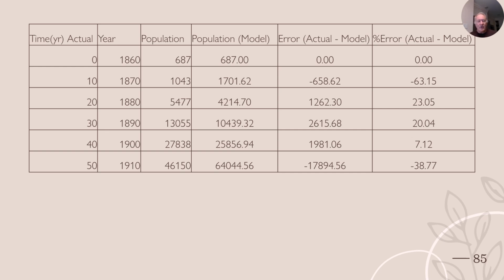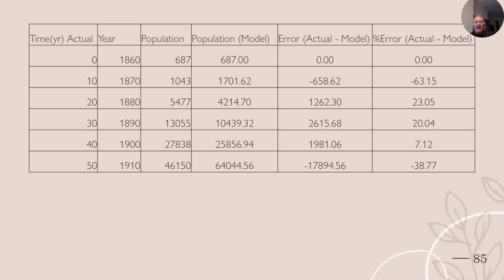So, for example, for our Atlantic City data, if we looked at our year zero, that was our first year, and then 10 years later, and 20 years later, and 30 years later, and 40 years later, and 50 years later, and they were years 1860 through 1910. And here was the actual population, and here's the population of our model.